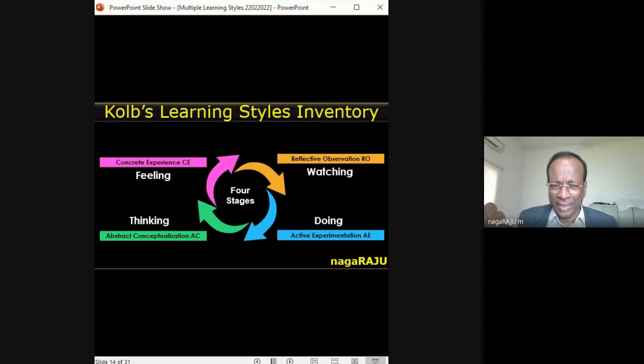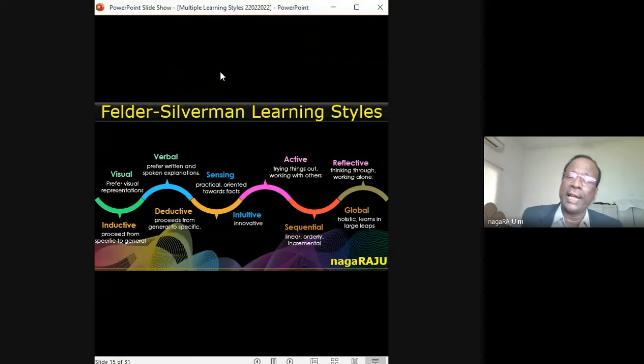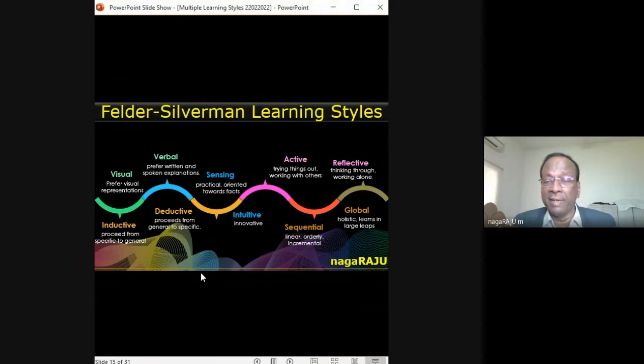Again, don't worry about these names. This is just a historical fact which helps you appreciate how this theory has evolved over the course of the last 2 centuries or so. Then Felder-Silverman talked about the learning styles on a different scale, completely differently. Not related to the previous developments.